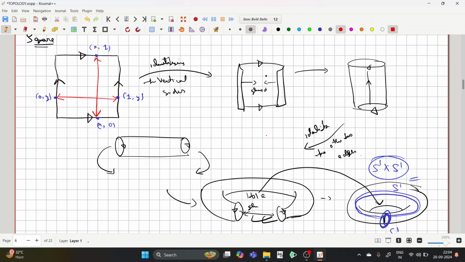And specifically we identify all these vertices together, so these 4 vertices get collapsed to a single point, because this gets identified here, this gets identified here, this with this, and this with this, right?